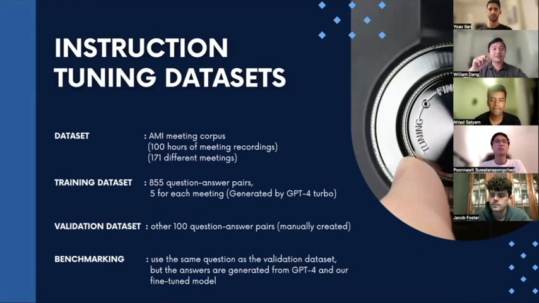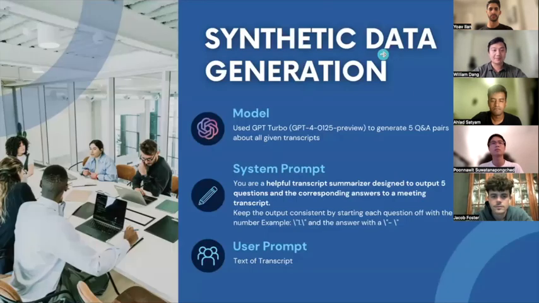Then we manually created a 100 question-answer pair data set for validation by writing questions about transcripts and then answering them. Then we benchmarked our GPT-4 Turbo performance versus our fine-tuned model's performance on those manually created question-answer pairs.